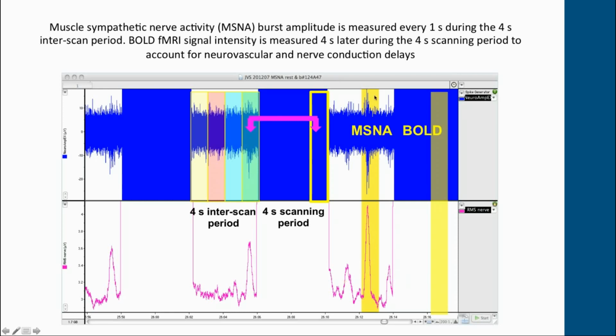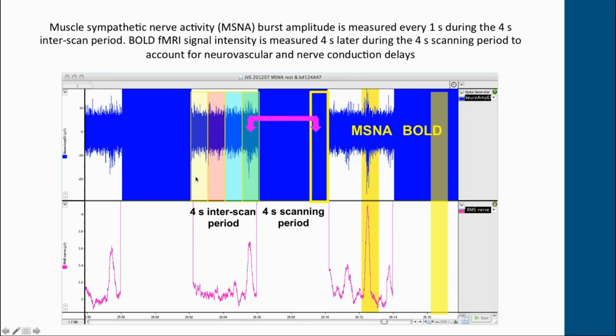We also know that it takes about a second for that neural event in the brain to travel to the peripheral recording site at the knee, because these are slowly conducting axons. So 5 seconds for the BOLD signal, minus 1 second for the nerve conduction signal, leaves us with 4 seconds.